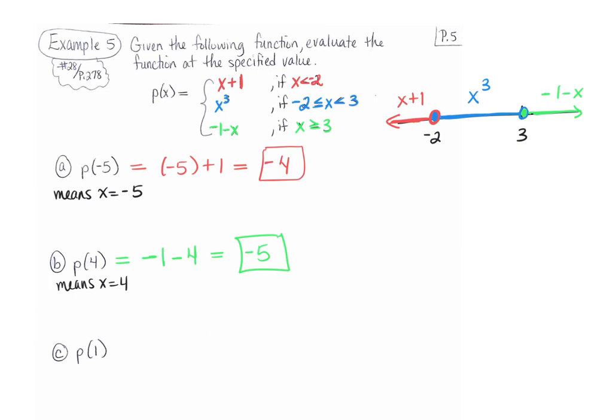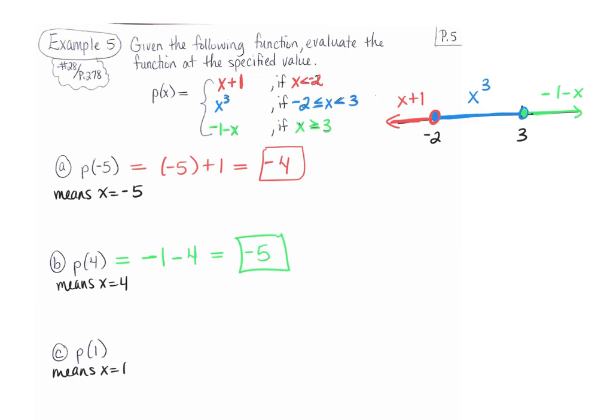What about C? We've gone through A and B together. We've answered the question, what part of the function are we in? Then we evaluated it. So you explain part C to me. X is 1. Good. This means x is 1. Go ahead.